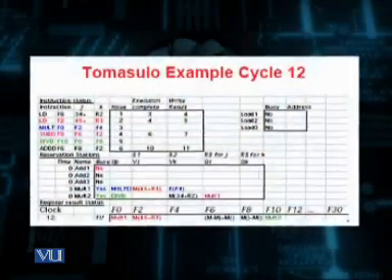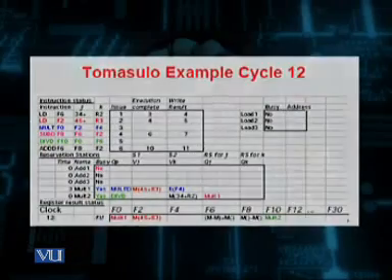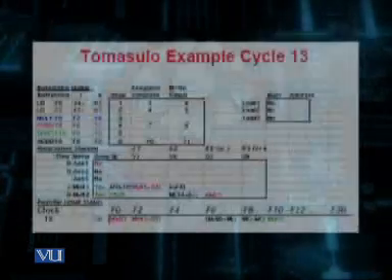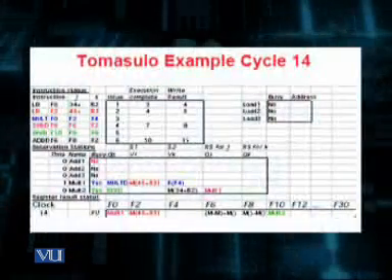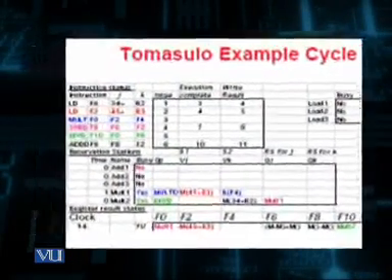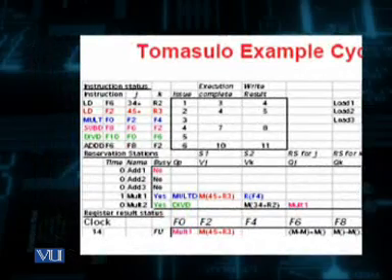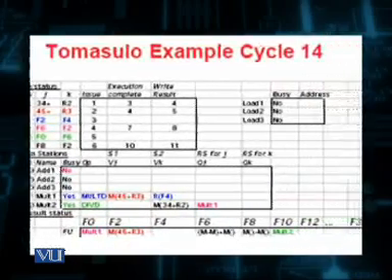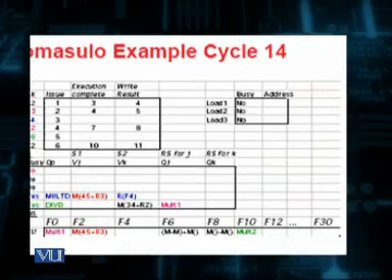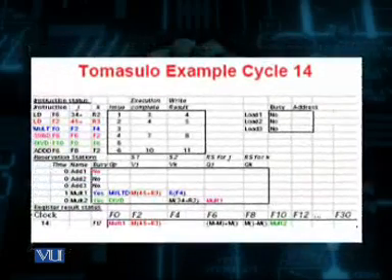execution. You can see the status is almost the same in the 12th clock cycle and in the 13th clock cycle, whereas in the 14th clock cycle, the multiply instruction still has to go through 1 clock cycle to complete its execution.